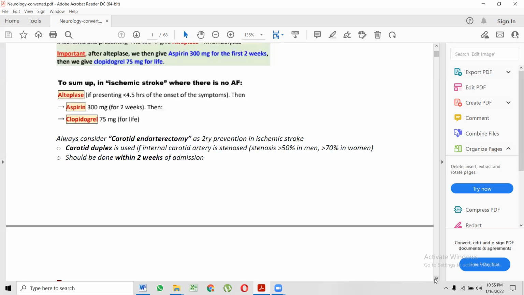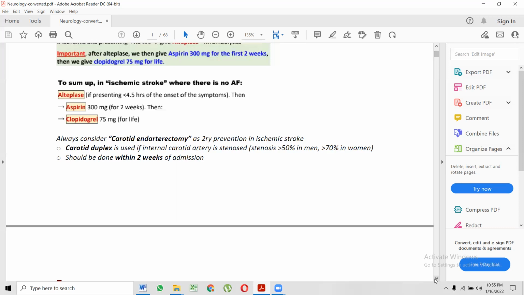In that condition, there will be associated atrial fibrillation. But in a patient without atrial fibrillation, the stroke is caused by thrombus formation in the carotid arteries. So the extent of thrombus formation in the carotid arteries is seen by carotid Doppler or carotid duplex.